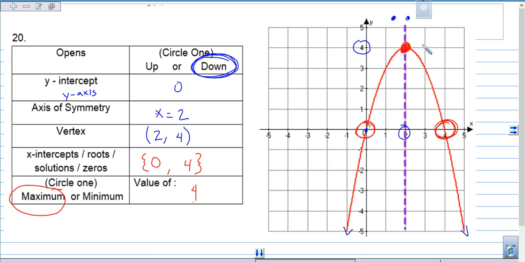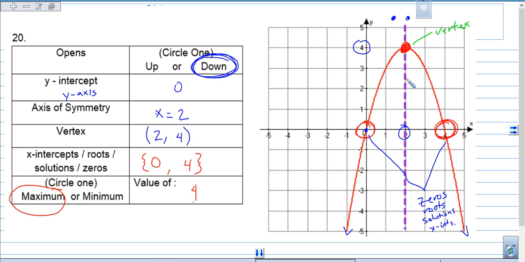So just keep in mind, this is the vertex. Let's see. These are our zeros, roots, solutions, and our x-intercepts. Okay?